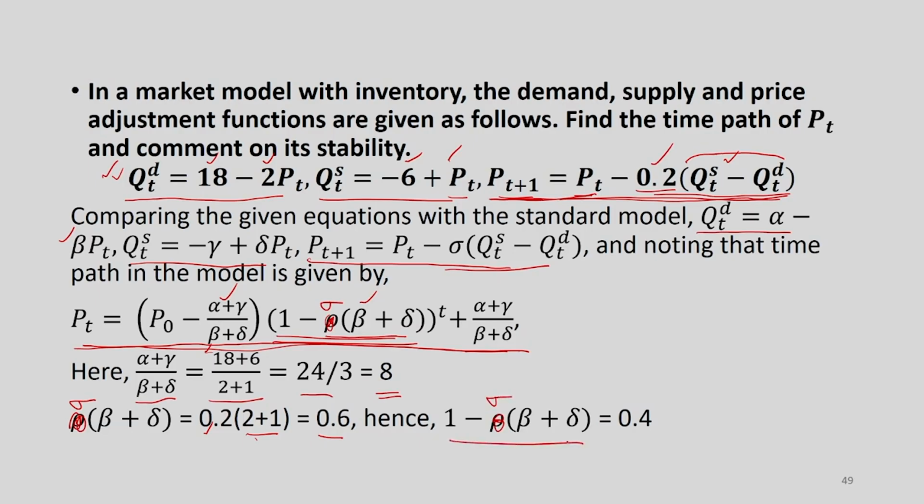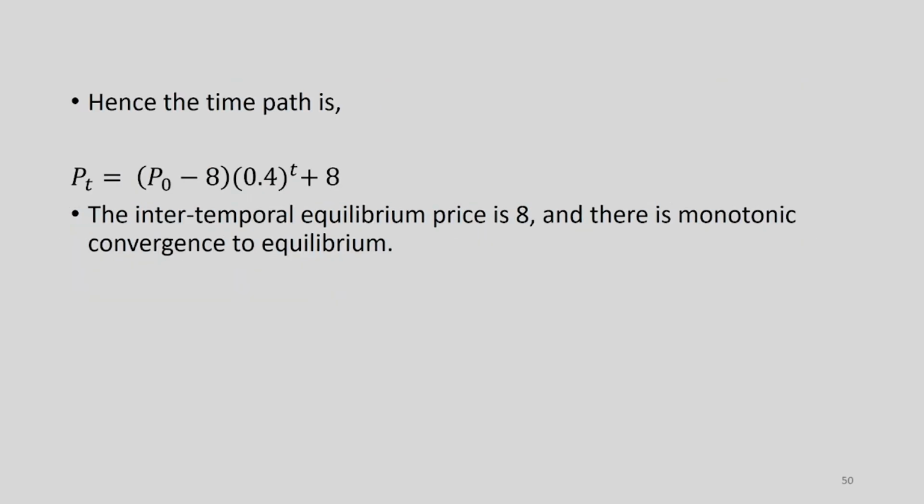That is 1 minus 0.6, so that is 0.4. I will have to substitute 0.4 here, and this also we have found out, this is 8. So therefore the time path is given by this. Pt is equal to P0 minus 8, multiplied by 0.4 to the power t, plus 8.